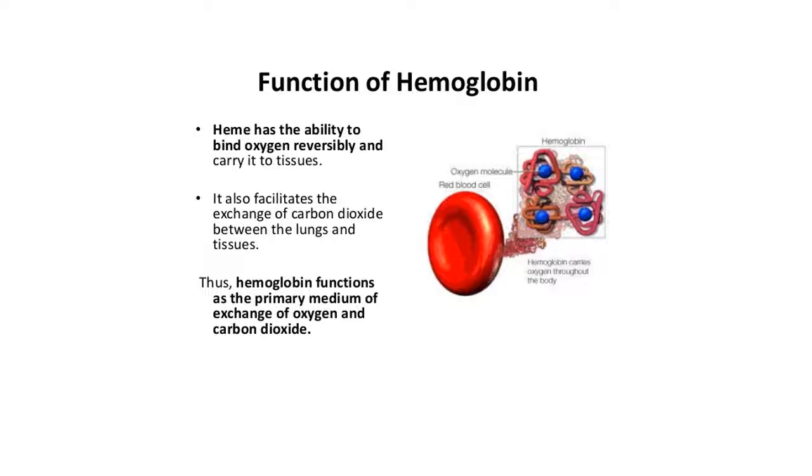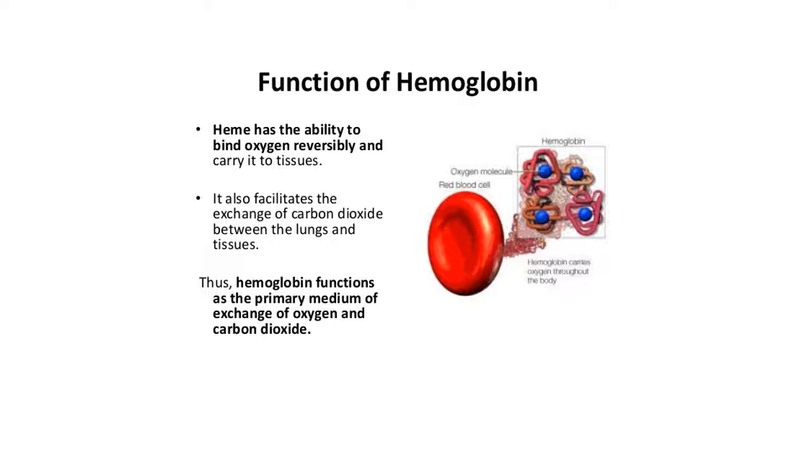Then this newly changed hemoglobin, called oxyhemoglobin, travels in the circulatory system, reaches the periphery, reaches cells of the entire body, the skin, the internal organs, the muscles, bones, etc. There, the concentration of oxygen in the blood is higher than in the tissues, so the oxygen diffuses from the red blood cells into tissues. Before it diffuses, it needs to detach from hemoglobin.